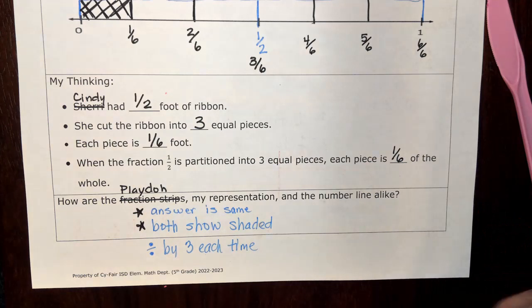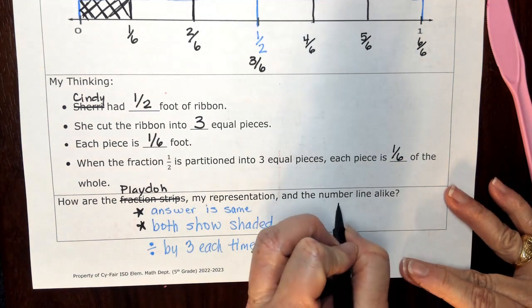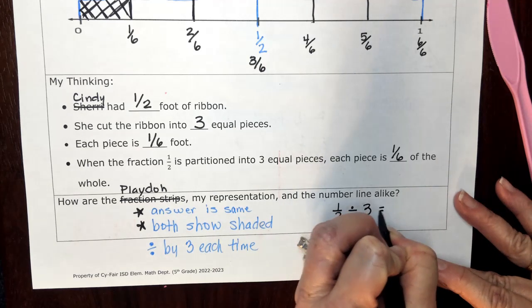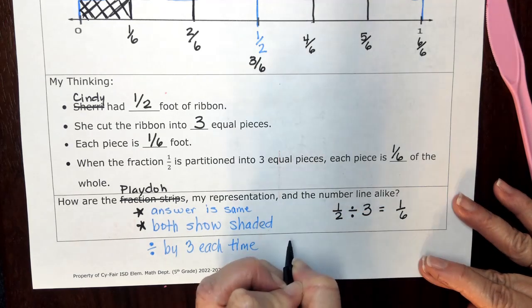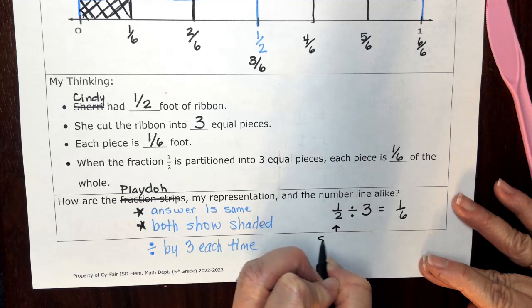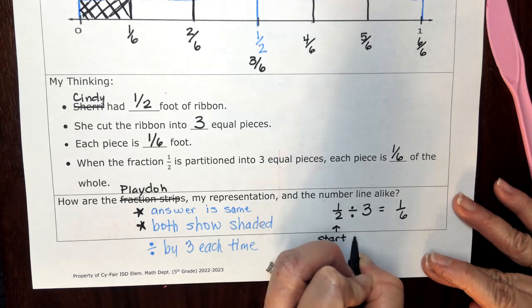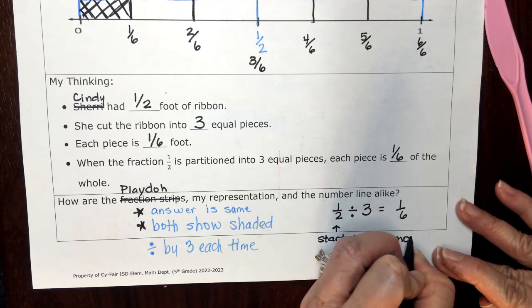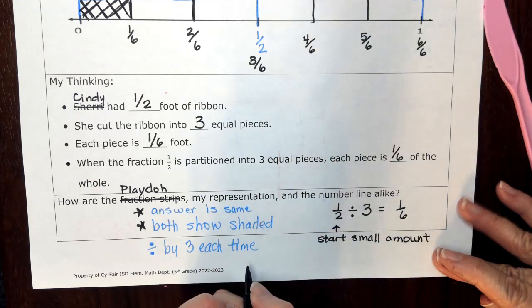Did you notice this too? That when I think about 1/2 being divided by 3 and I get an answer like 1/6, when we start with a small amount, what happens to our answer?